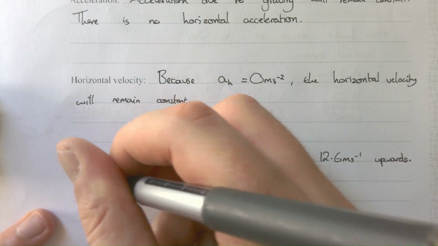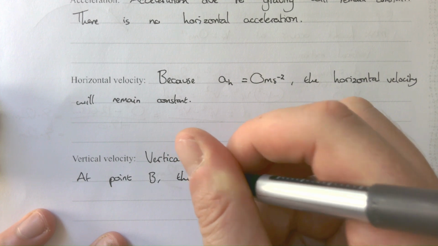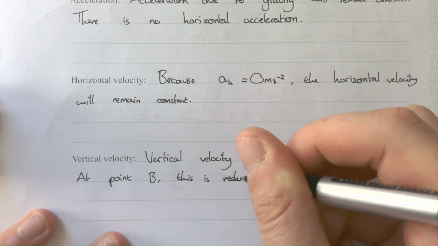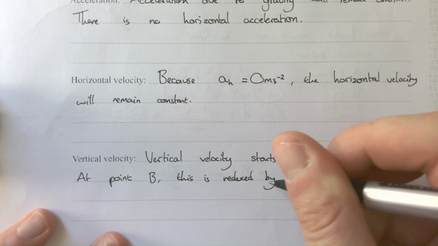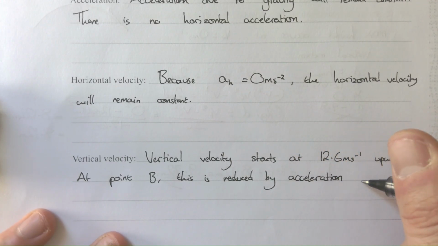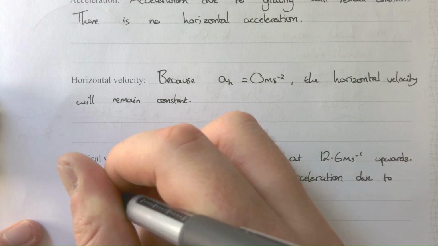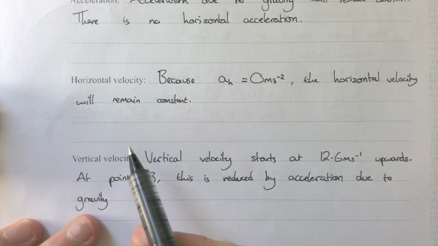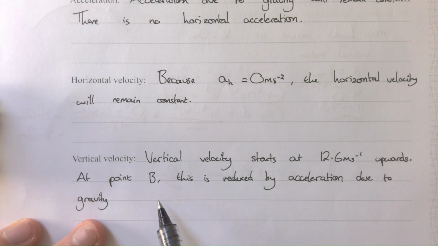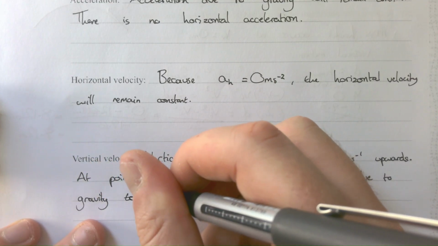At point B, this is reduced by the acceleration due to gravity, again, linking it to my acceleration statements. At point B, this is reduced by acceleration due to gravity to 0 meters per second.